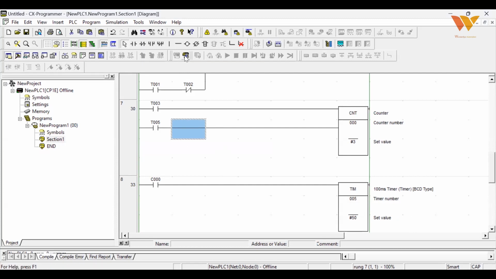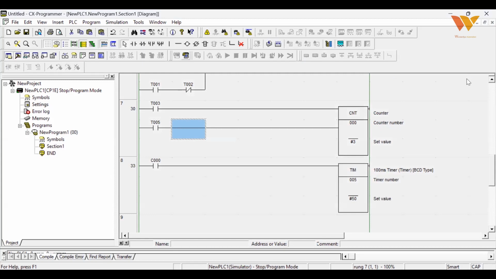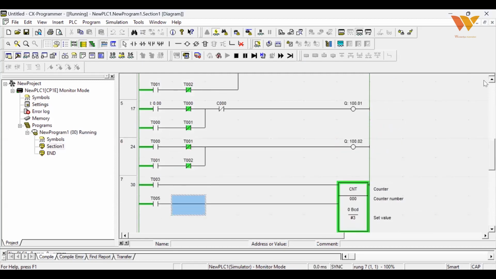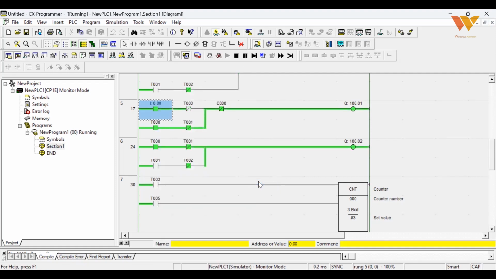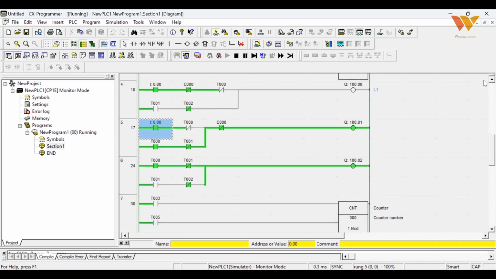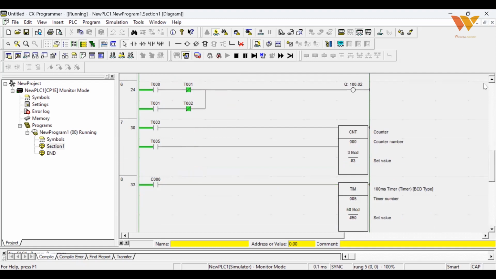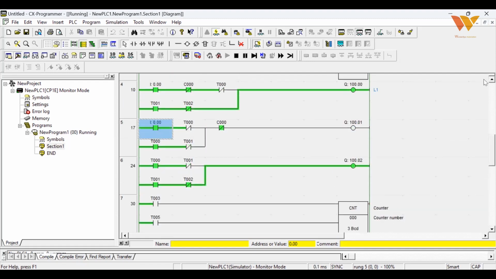Let's simulate this. Okay, the process is repeating again.